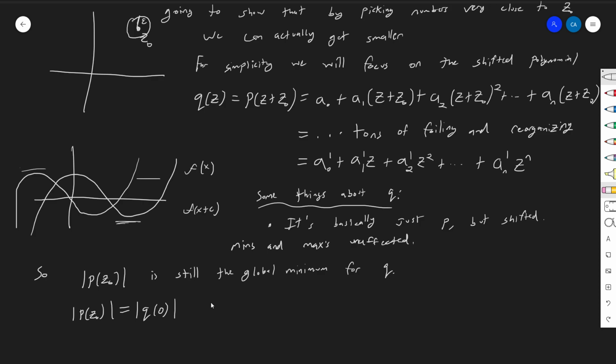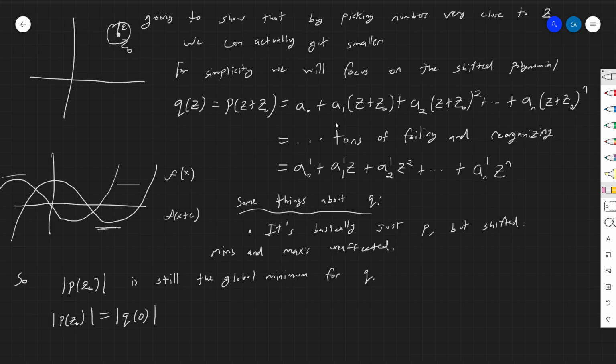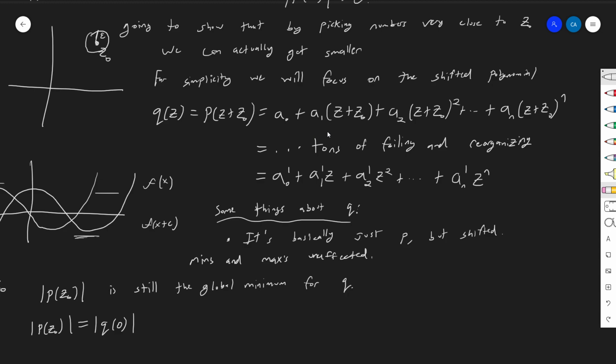And even better, what is Q of 0? Well, if I stare at it and plug in 0, this term goes away, this term goes away. All these terms except for this one go away at Q equals 0. So what's fun is that Q of 0 is specifically the magnitude of a0 prime.